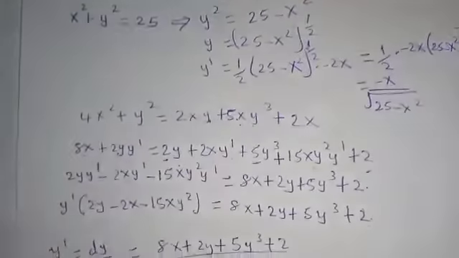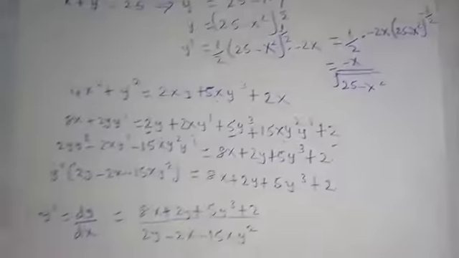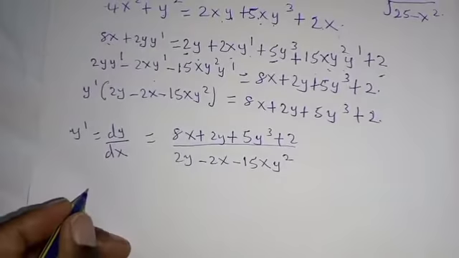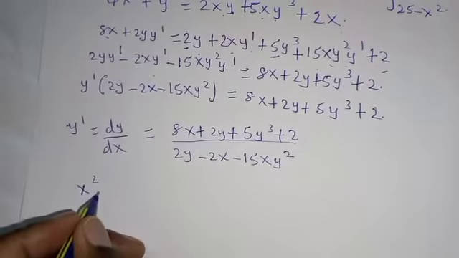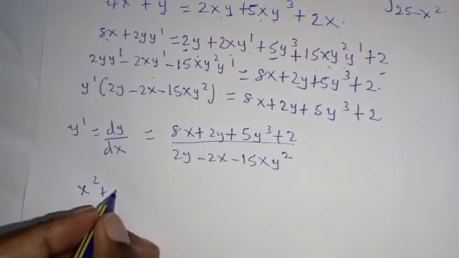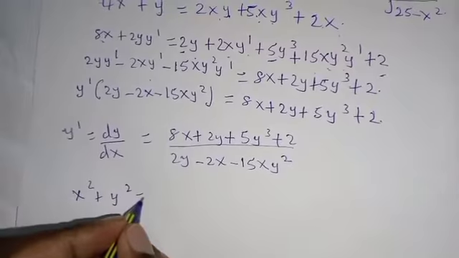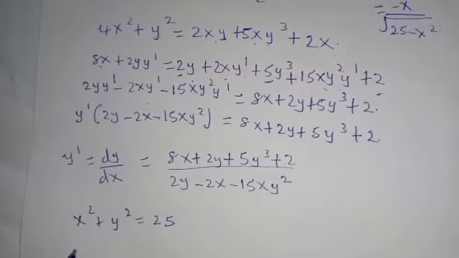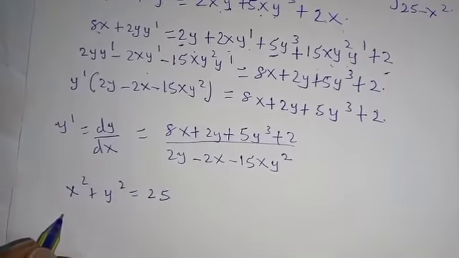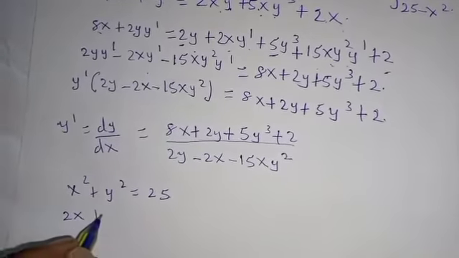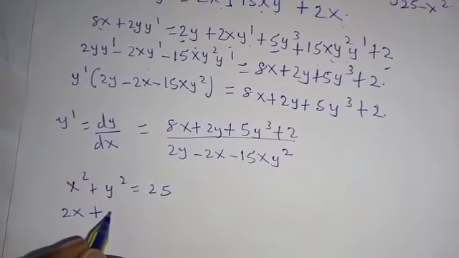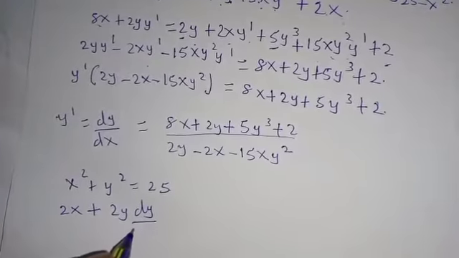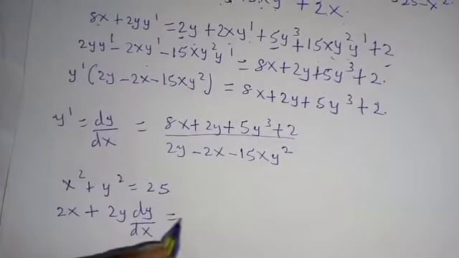So that is how we use implicit differentiation to obtain our result. Even this equation here, we can use implicit differentiation to obtain the same result. So let us see, whereby we have x squared plus y squared is equal to 25. So this one will give us 2x plus 2y dy dx, which is equal to 0.